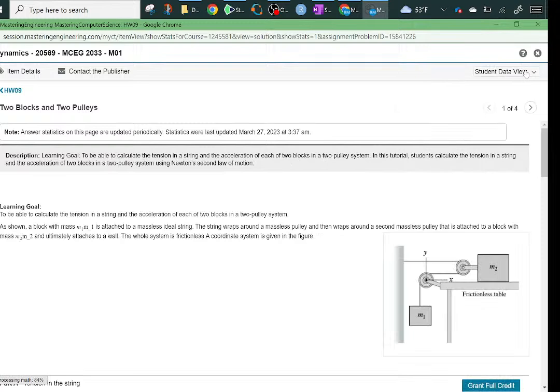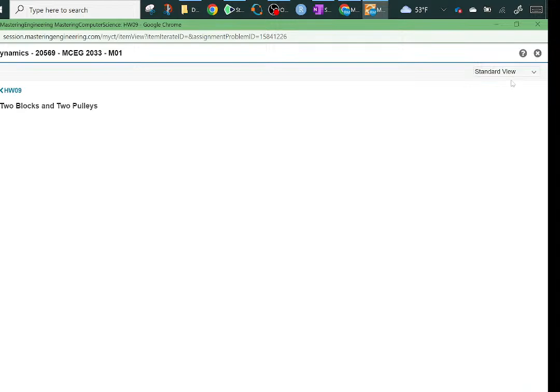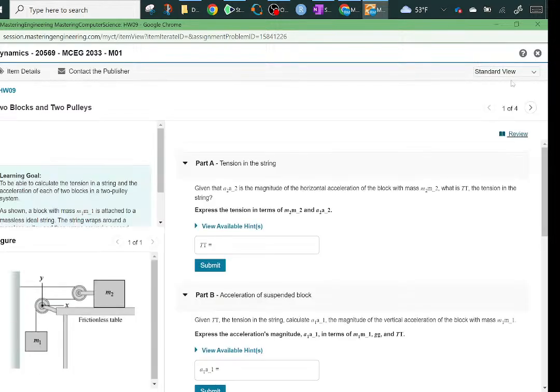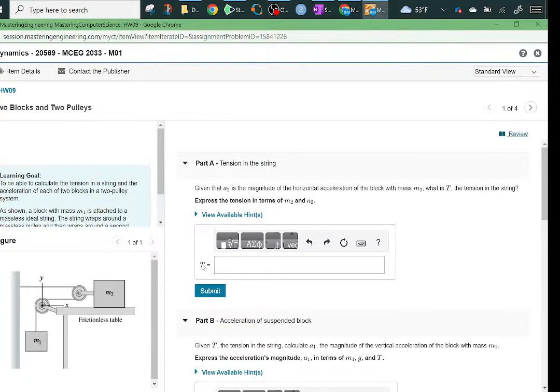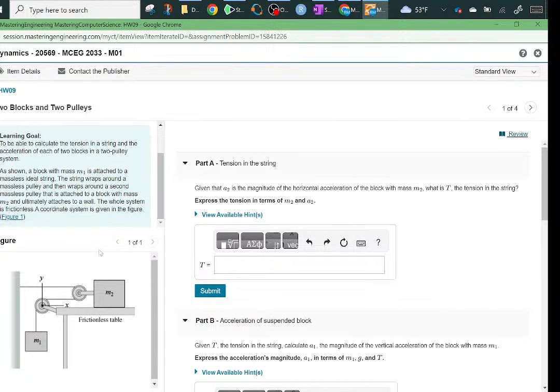Okay, it's got this weird standard. Well, this is a pretty good one.